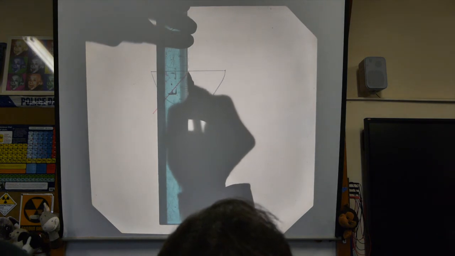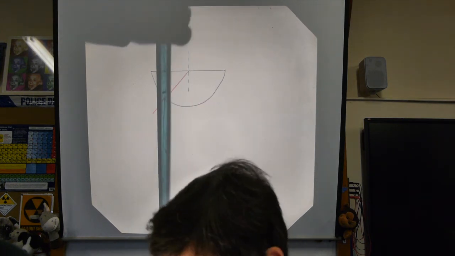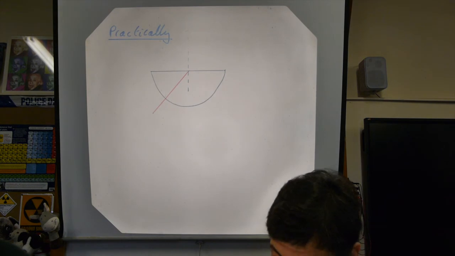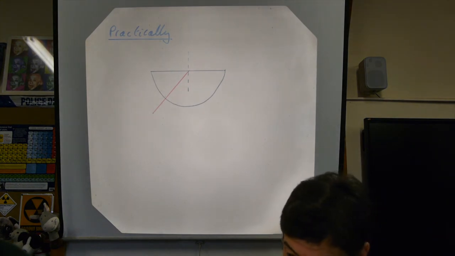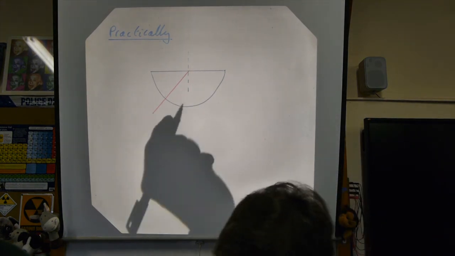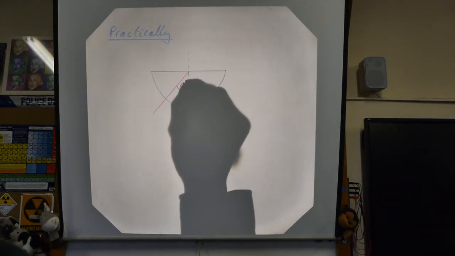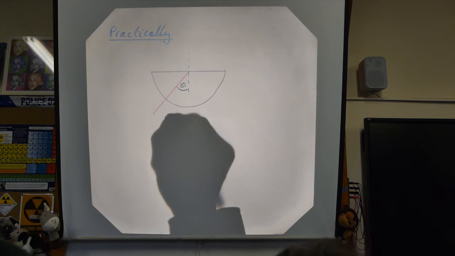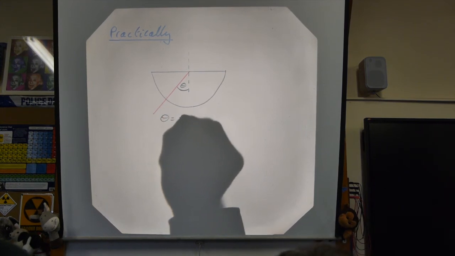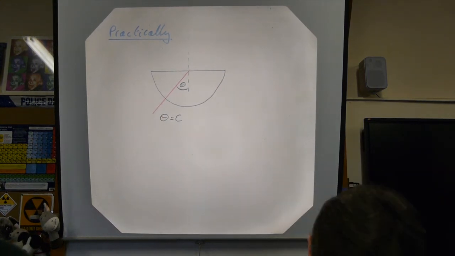Geometric optics, by the way, guys, can all be done with rulers and protractors. So if we get it just right and we open up this angle, this angle here, theta, is equal to C. So we're at the critical angle.